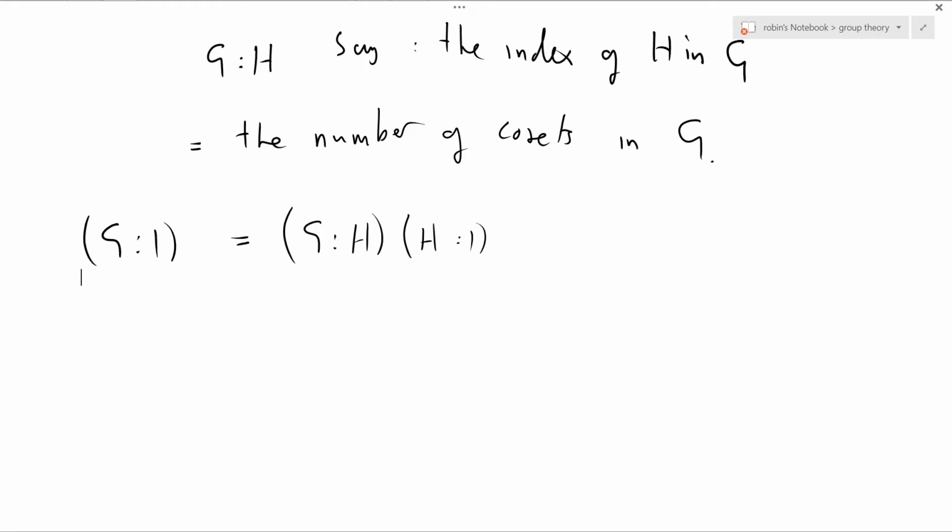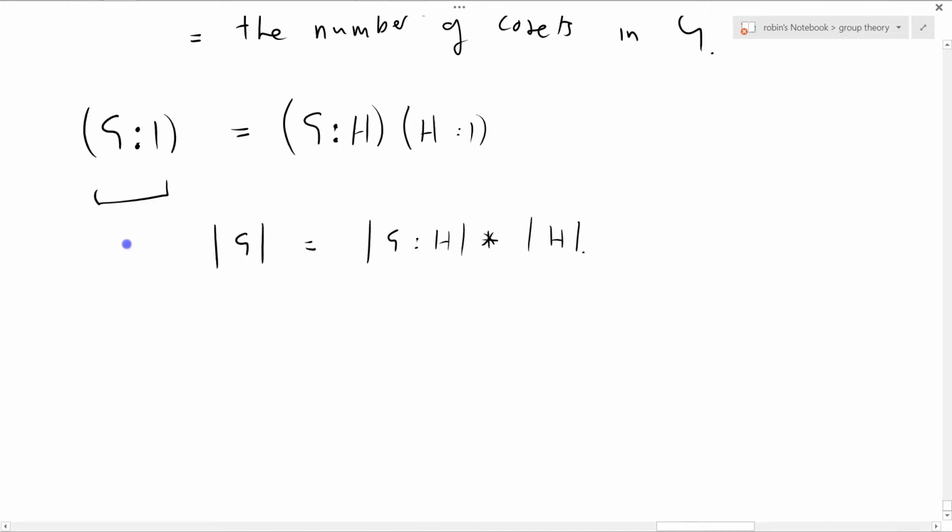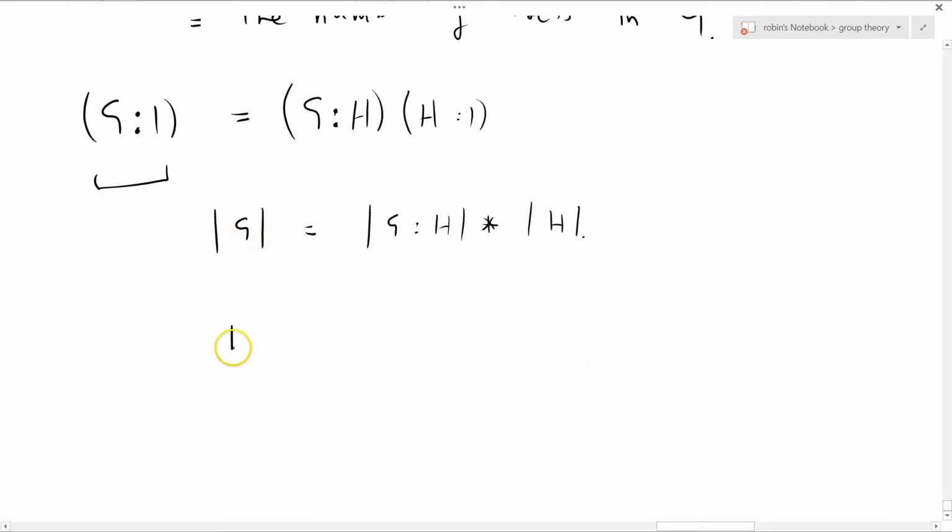So this thing here, you can write it slightly differently. We say G:H, which is the number of cosets, and of course the number of cosets of the identity element is just the size of G. So mod G, the number of elements in G, equals mod G:H times mod H. Or we can say that mod H equals mod G over mod G:H.